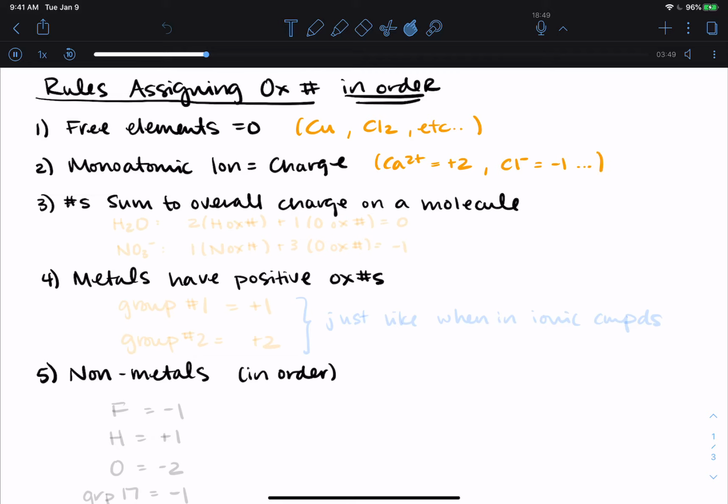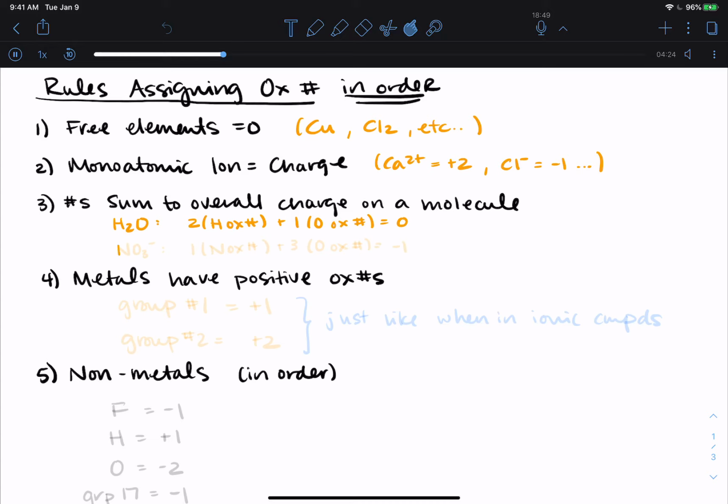For rule number 3, it says the numbers sum to the overall charge on a molecule. So I'm going to look at 2 examples here. So first of all, if we were talking about something like water, which is neutral, it means that 2 times the hydrogen oxidation number plus 1 times the oxygen oxidation number has to add up to 0, because as a molecule, it's a neutral molecule.